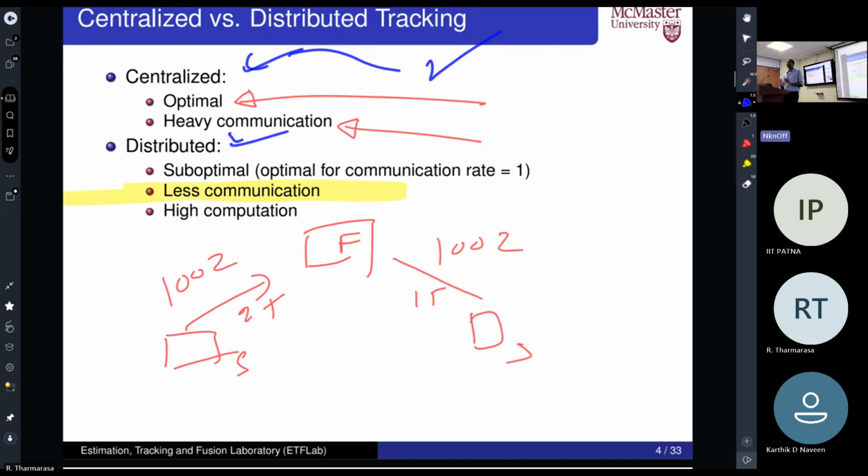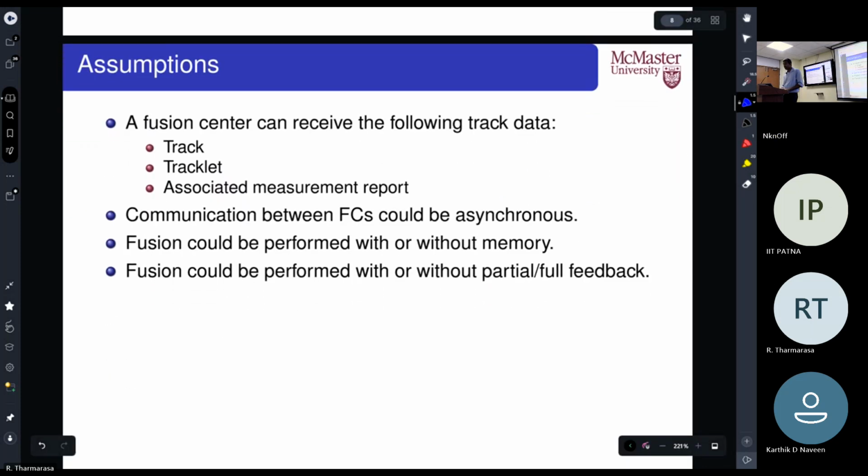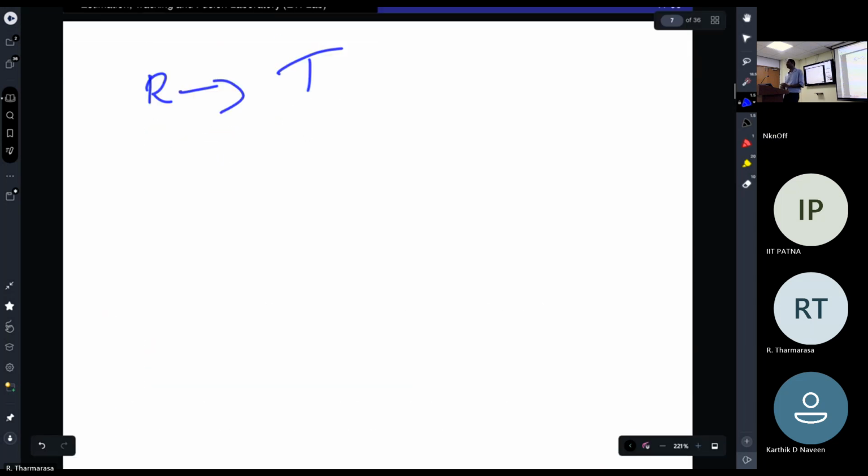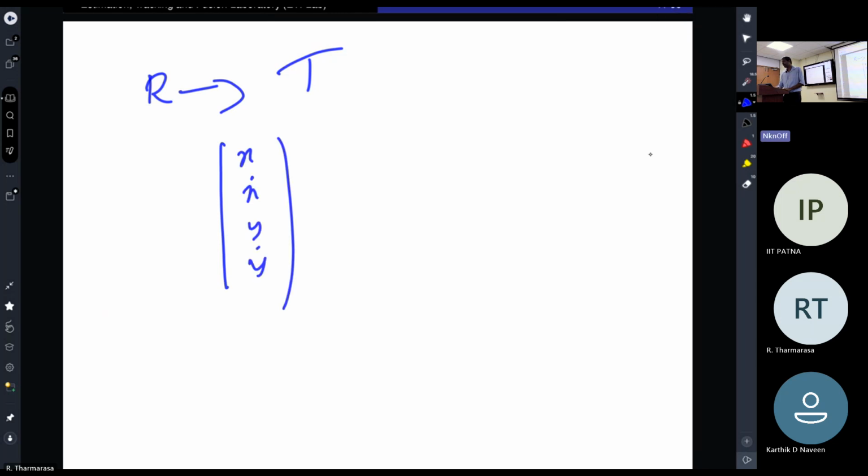So now at least you can assume that you are convinced that you have to handle distributed fusion at some point. Fusion is a complicated case. For now, we assume both trackers are producing the same state.